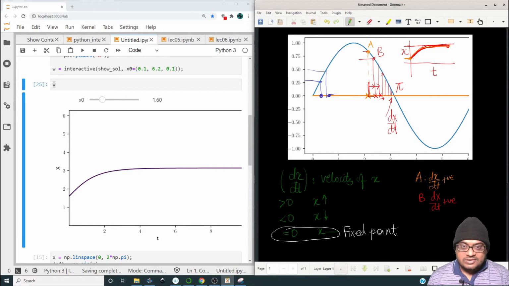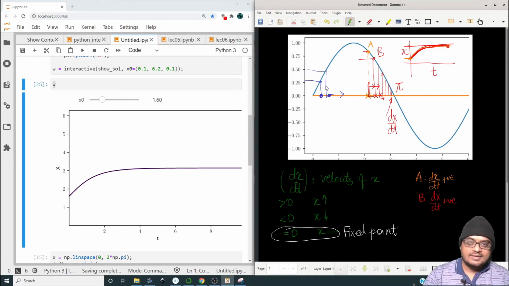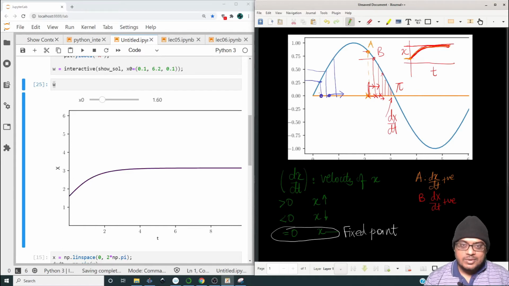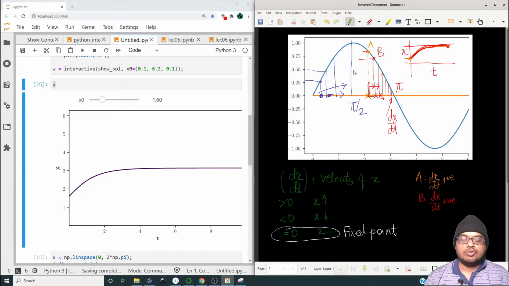So it will move faster towards this region, because each time the particle moves towards a higher value of x, the velocity will increase. So there will be a rapid increase in x after this point. This point corresponds to pi by 2. After pi by 2, it will increase x, but the velocity will now begin to reduce. So we will have an initial increase.